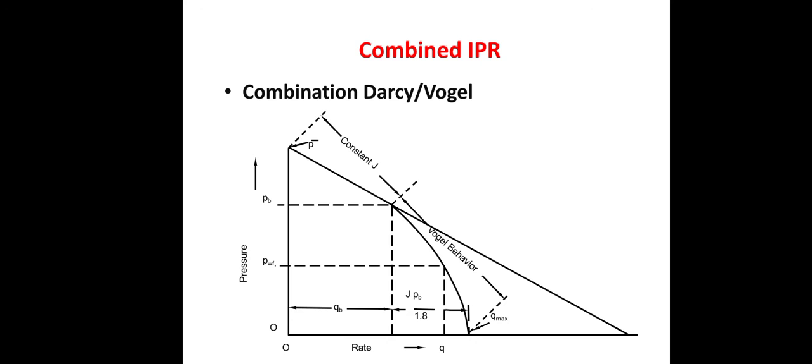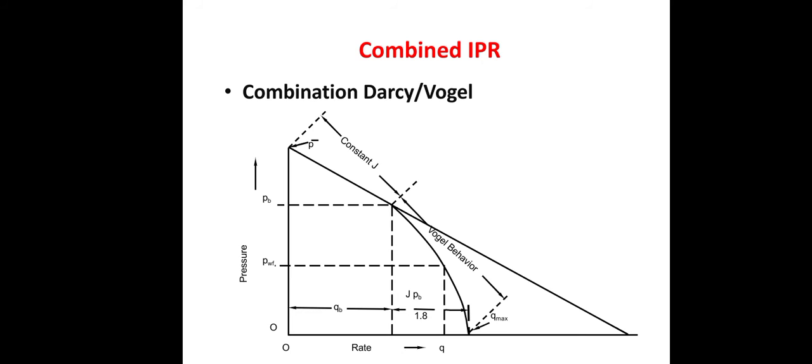Which means we consider that the pressure of the reservoir is still above the bubble point pressure, which is not real, because when you are producing the reservoir, once you reach the bubble point pressure, you have multiple phase flow. You no more have a single phase flow, and the Vogel should apply from that point.